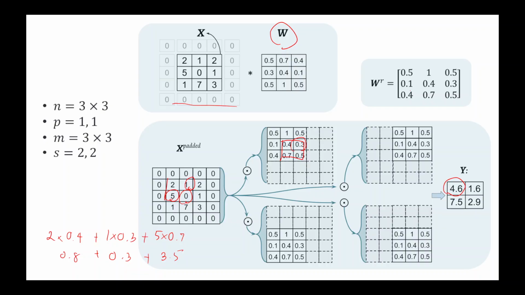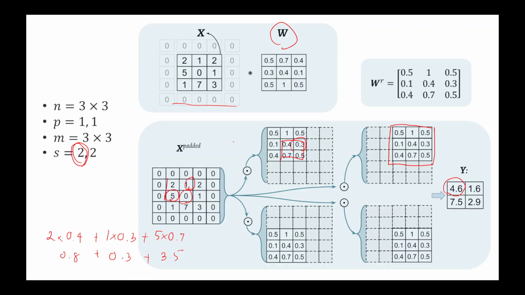And for the next scan, I'm going to move my W to the right, right? But since my stride is 2, that means that when I move my W to the right, I need to skip one block. So that means that my second scan ends up at this position due to the stride equal to 2.